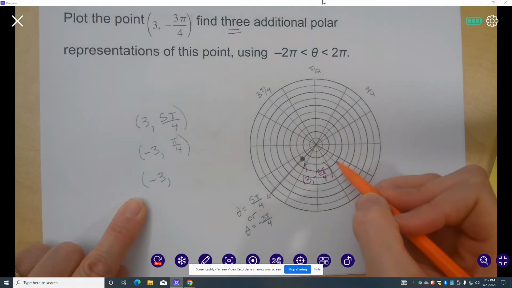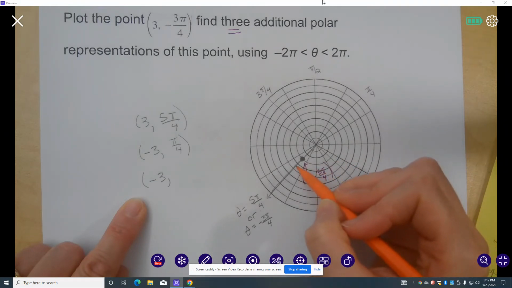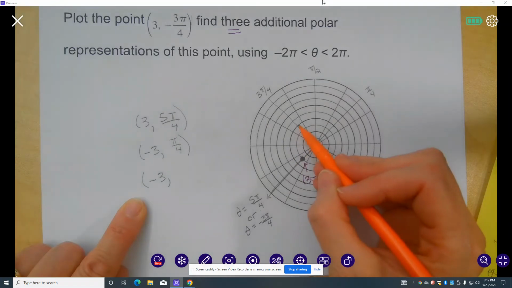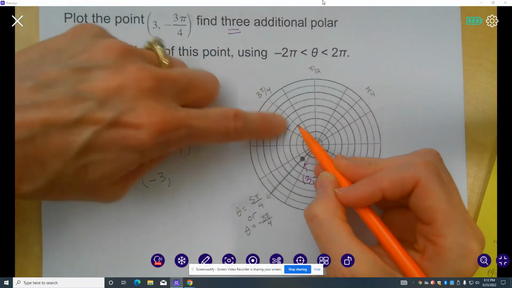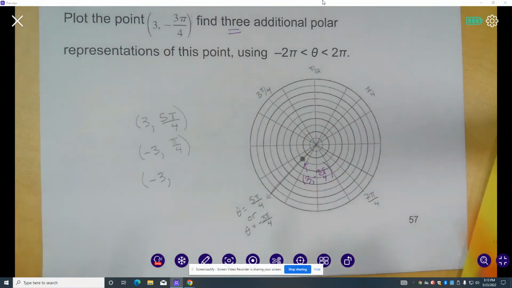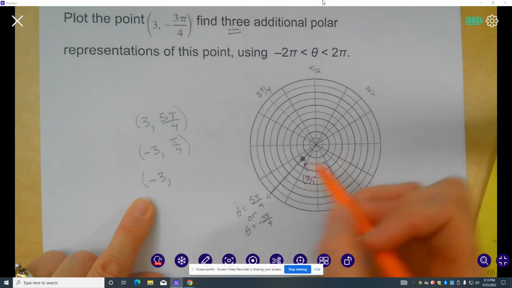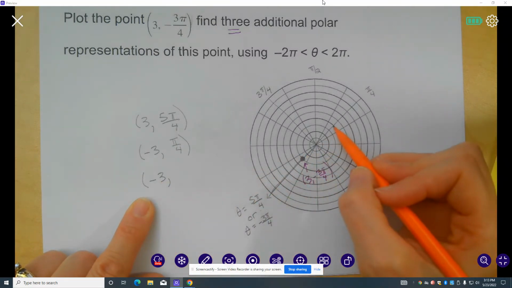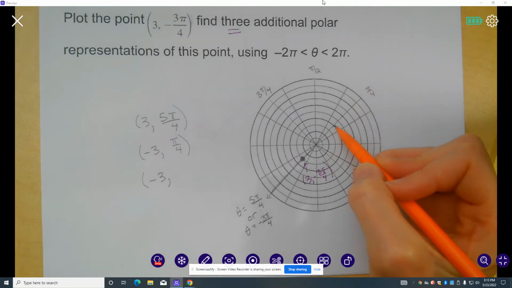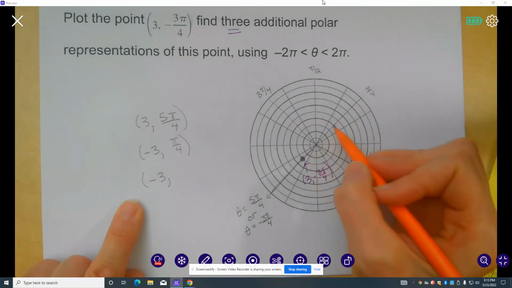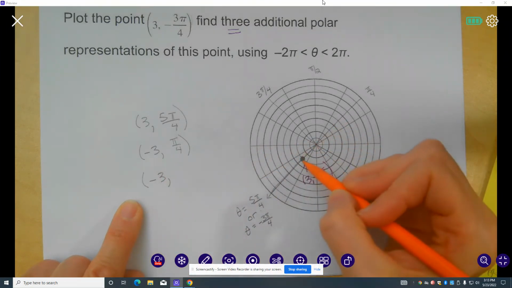Negative 5 pi over 4 would be 1, 2, 3, 4, 5. So this point right here, wait a minute. Nope, I'm thinking about this wrong. So negative 3, and I did pi over 4. I want to represent pi over 4 as a negative angle. Sorry about that. So I know that pi over 4, negative 3 would be this point.